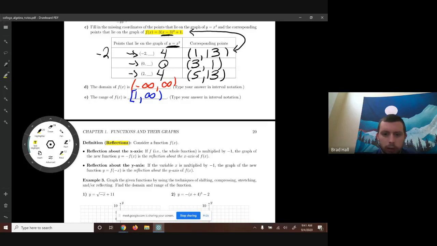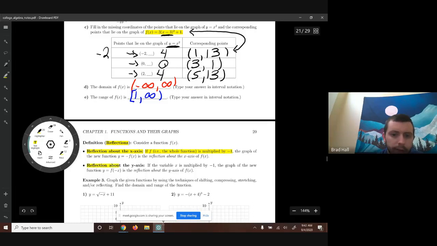And so to reflect about the x-axis, this is when you multiply the whole function by -1. So if your whole function is multiplied by -1, then guess what? The graph will be reflected across the x-axis or about the x-axis.